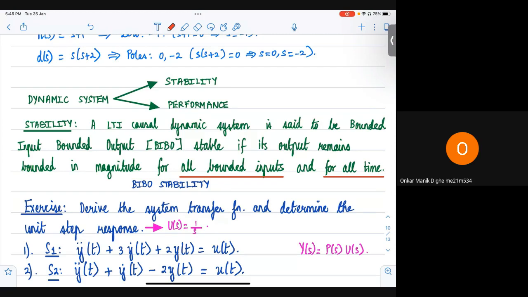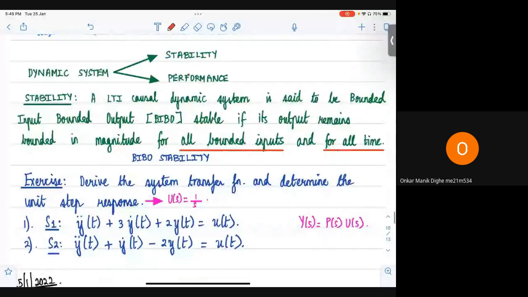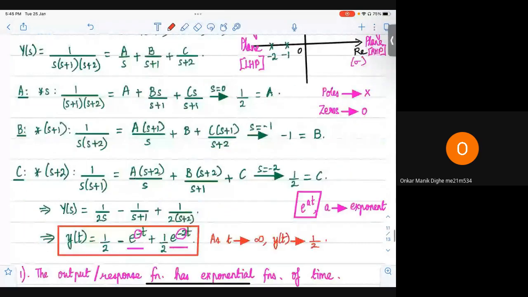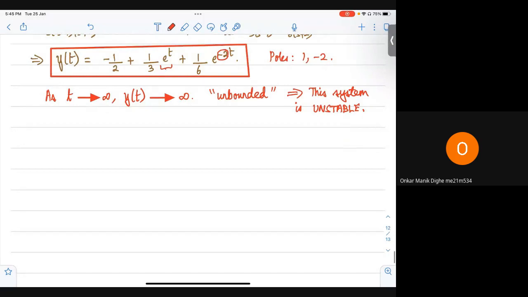The key phrases are all bounded inputs and all time. Now for system 2, we have readily shown that there exists at least one input which is bounded, a step input, for which the output is unbounded. So once we show that, we can immediately conclude that system 2 is unstable. System 1 is stable, although we have evaluated only one bounded input.